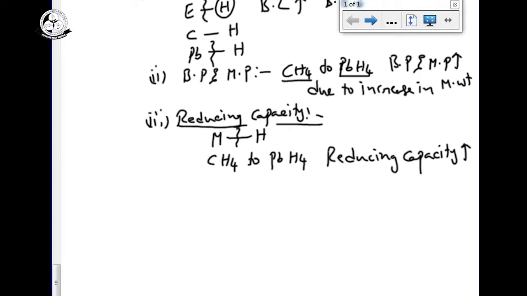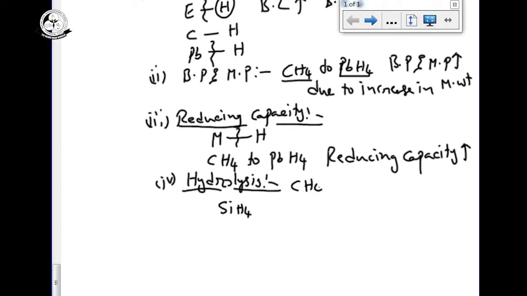Then hydrolysis. What happens on hydrolysis of these hydrides? Already I told you how the elements undergo hydrolysis reactions, and similarly here. Previously only silicon reacted with water, and likewise only silicon hydride can undergo hydrolysis.